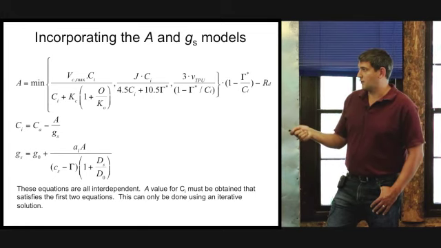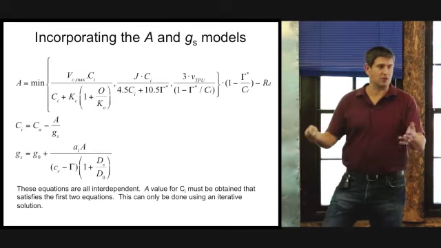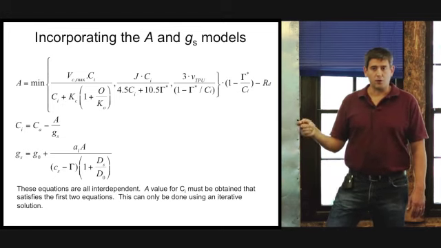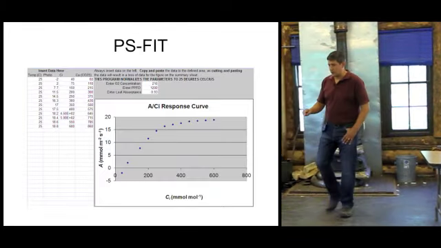Well, CI is a function of A, and gs is a function of A, which you then need to get CI, or you need CI to get A. I could just keep going. It's circular. So you have to solve for this iteratively. There's no other way to do it, and with an Excel model, we can't do that.